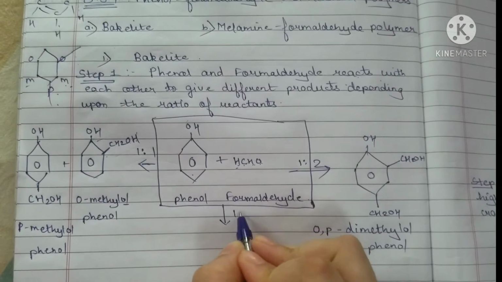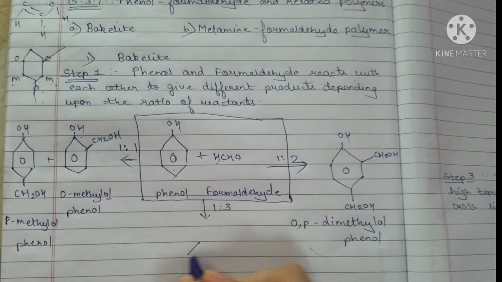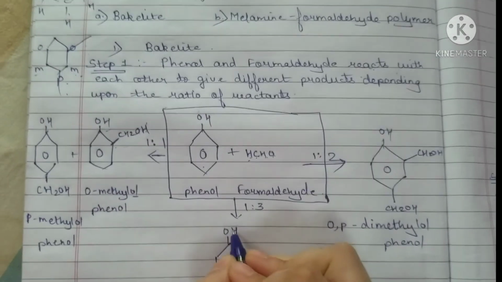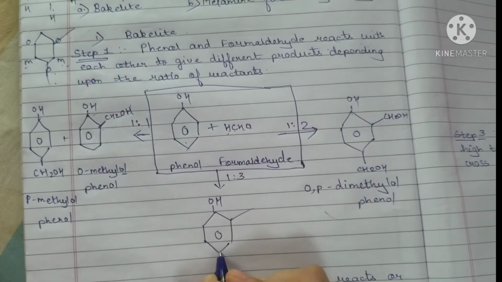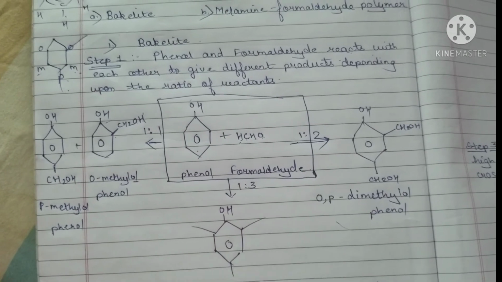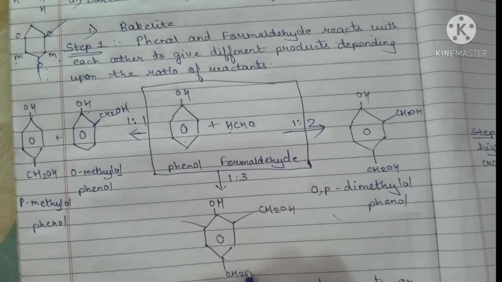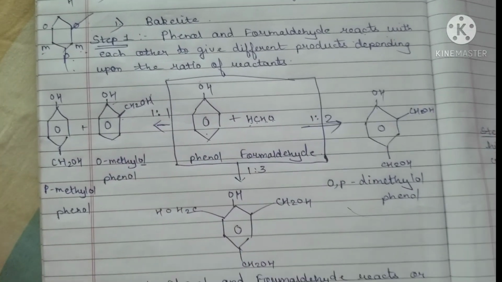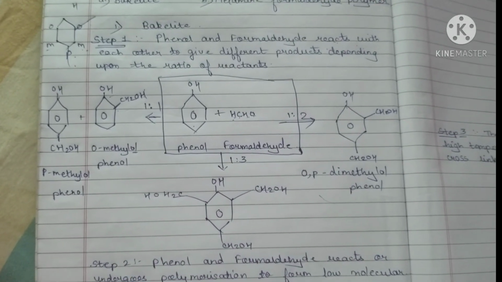Now the next possibility is by using the ratio 1:3. So again draw the phenol structure, OH group, 3 times formaldehyde. So your ortho, your para and the other ortho position will be substituted by a CH2OH group each. Again here also while naming you have to follow the alphabetical order.